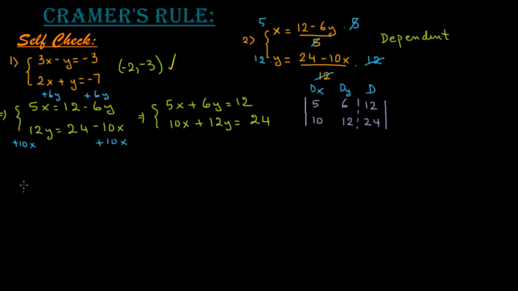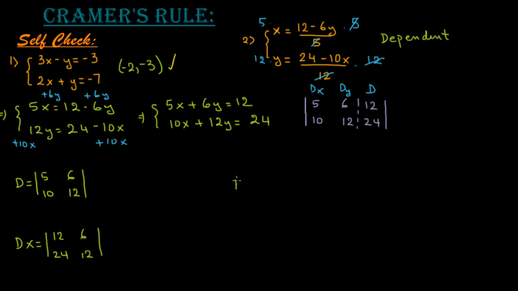Now let's set up determinant d. D equal to, we cross out the constant column, so you will have 5, 10, 6, 12. I'm going to set up determinant dx, so we cross out the x column and replace it with the constants, so you will have 12, 24, and 6, 12.